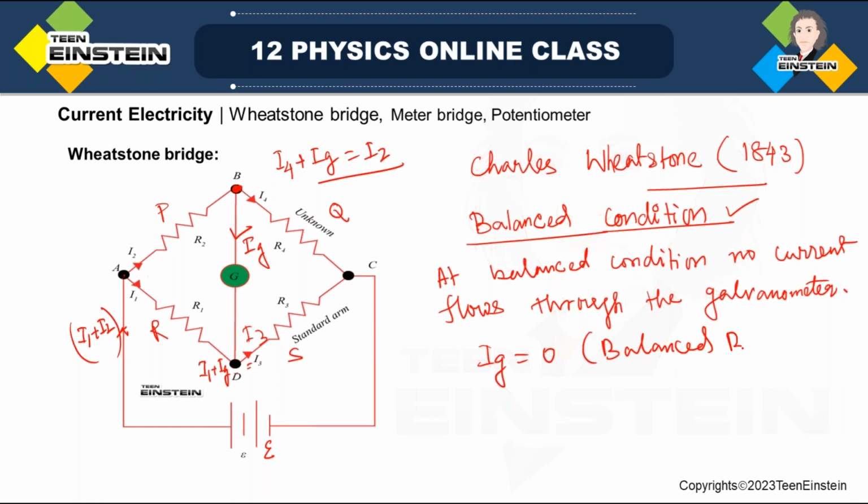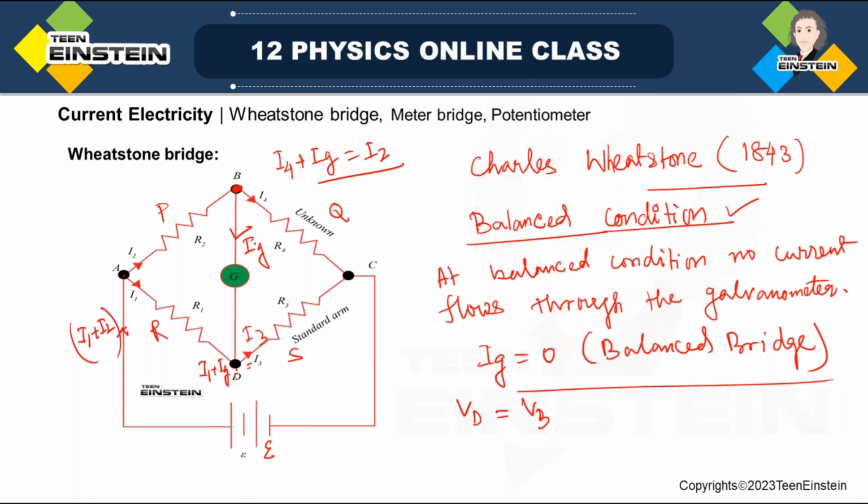At this condition, since current is not flowing, VB will be equal to VD. I hope you agree with me. That is why there is no potential difference between B and D, and that is why current is not flowing through this, right?